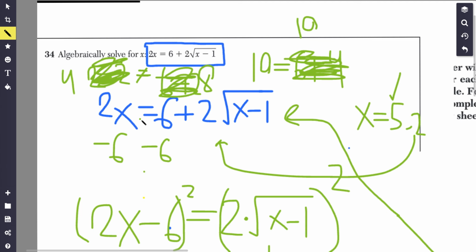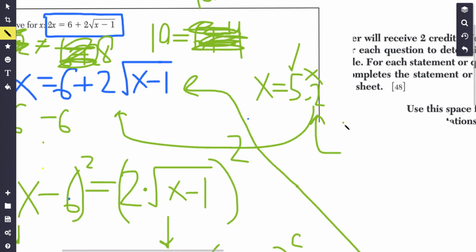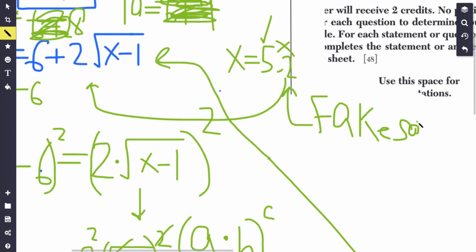So in fact, x equals 5 is a solution to my equation, but x equals 2 is not a solution to my equation. And this 2 right over here is a fake solution. Whenever you have a fake solution, another term for this is an extraneous solution.